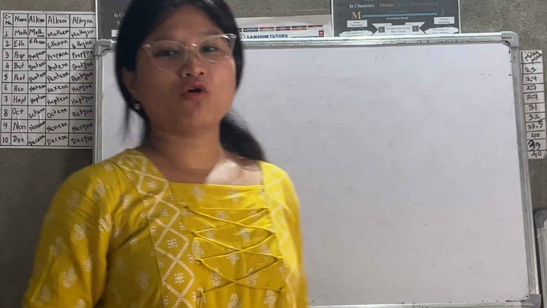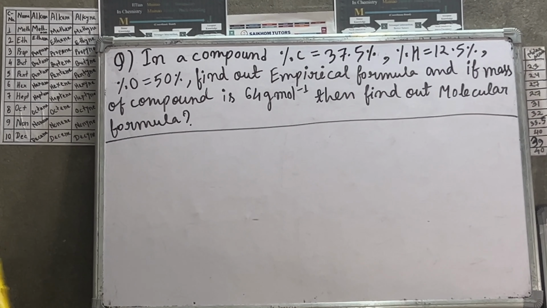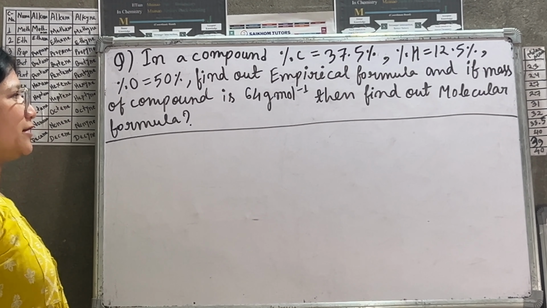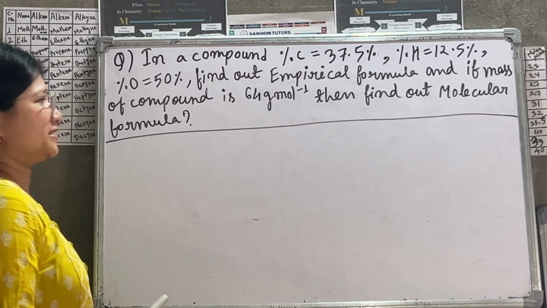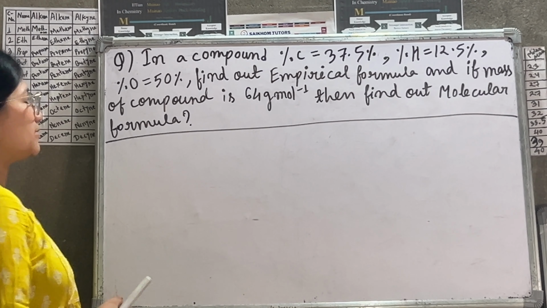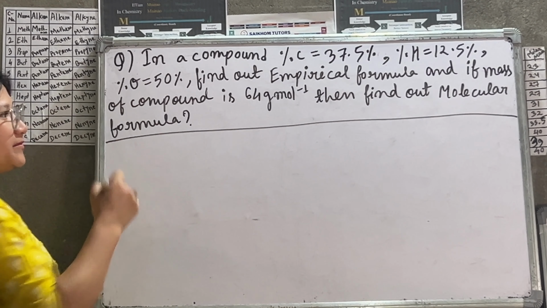So you have learned about formula mass and molecular mass. Now let's discuss what the empirical formula is and how we can convert the empirical formula into the molecular formula. One question: in a compound, the percentage of carbon is 37.5%, hydrogen is 12.5% and oxygen is 50%.